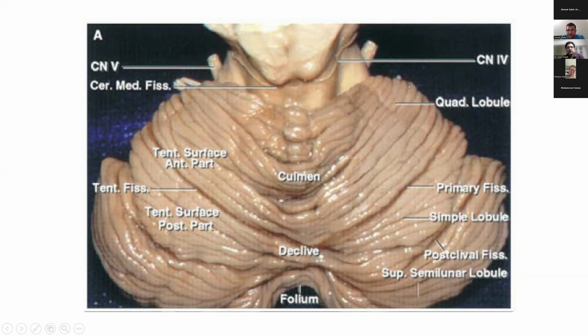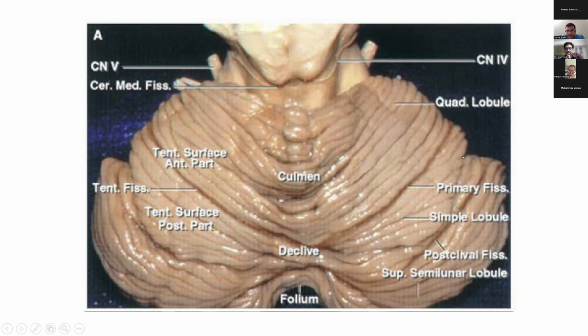The anteromedial border, as I mentioned, is facing the midbrain, whereas the anterolateral border tends to face the superior petrosal sinus. The part where the anterolateral and anteromedial borders meet is known as the anterior angle.